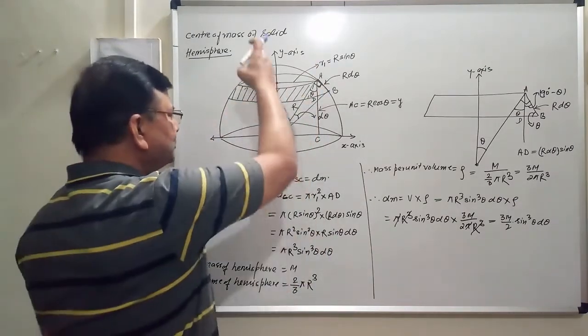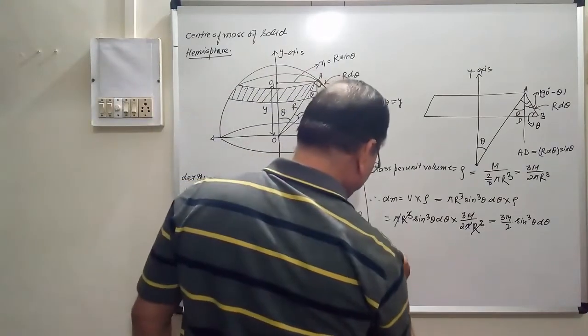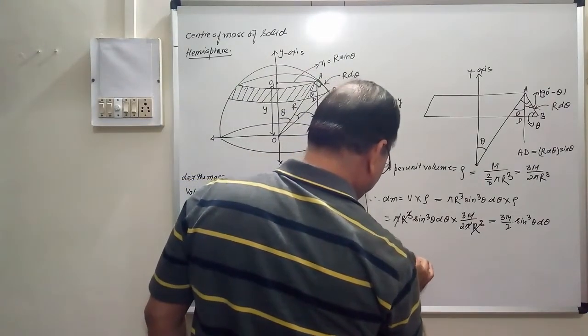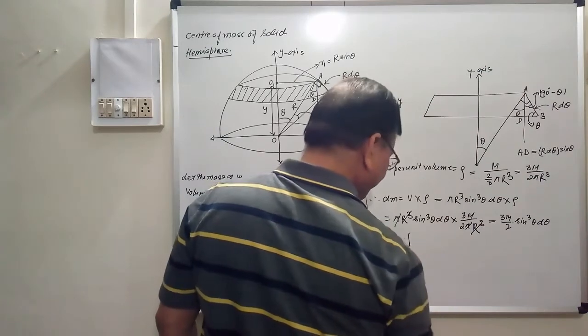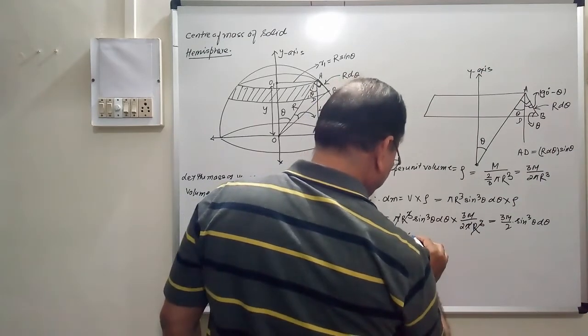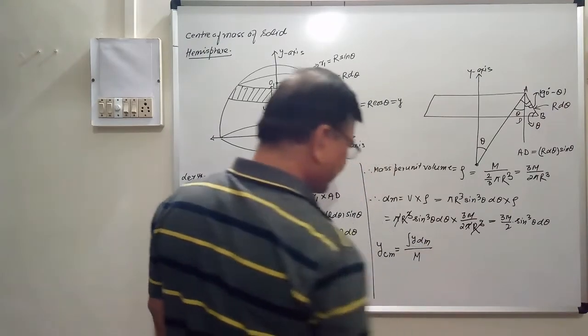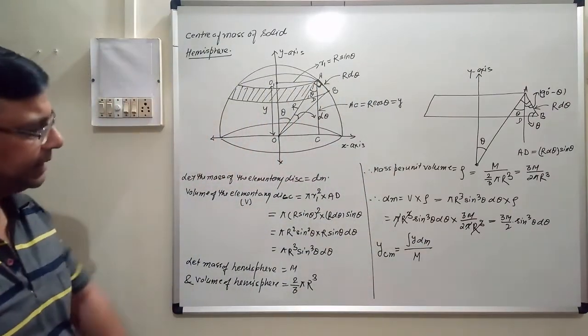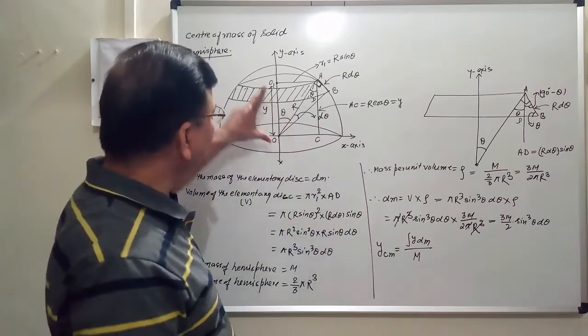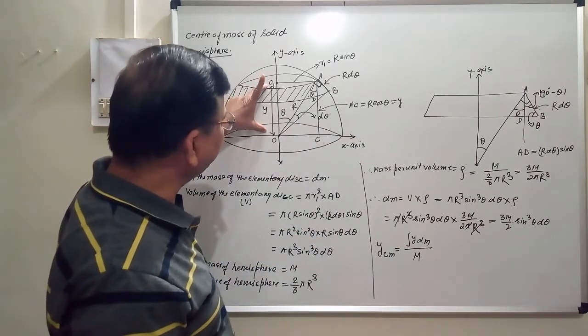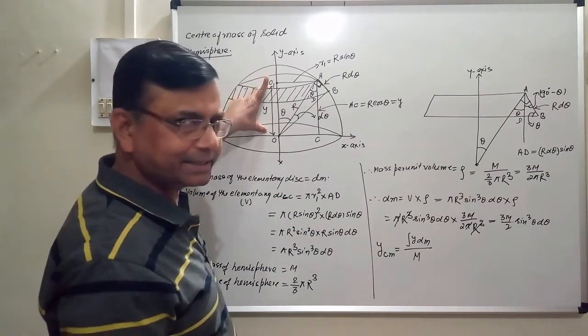So you will find ycm. We know the formula for ycm, that is equal to integration of y dm upon total mass of the hemisphere. What is y? Y is this distance, center of mass of the elementary disk. Right?